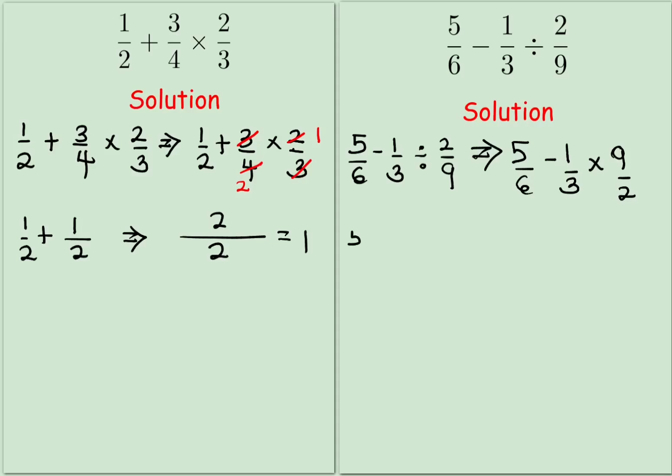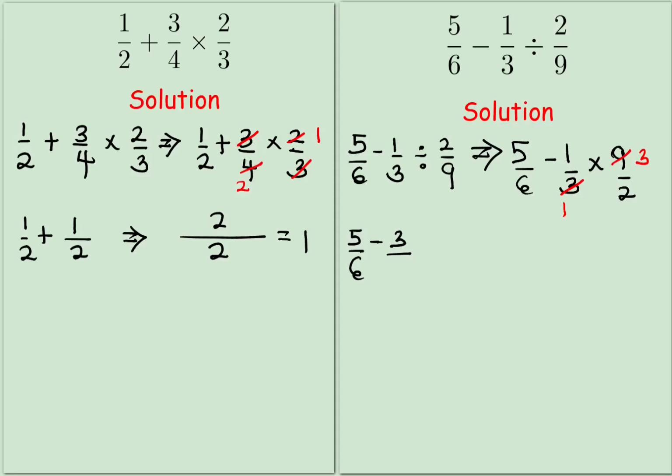Hence, I'll keep my 5 over 6 minus just as it is, and then work on this. Looking at it, there's something to simplify. So 3 divides itself once, and then it divides 9 3 times. So that we have 1 times 3, which gives us a 3.